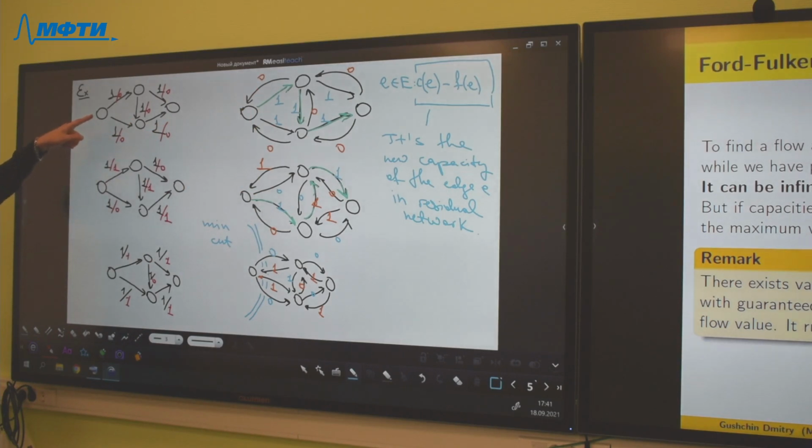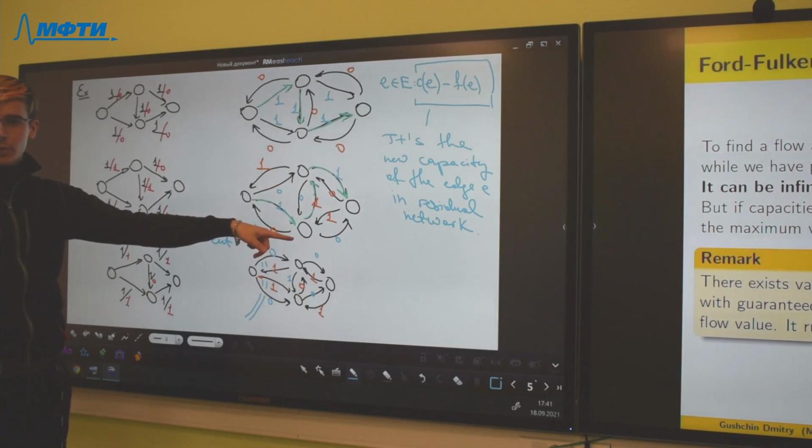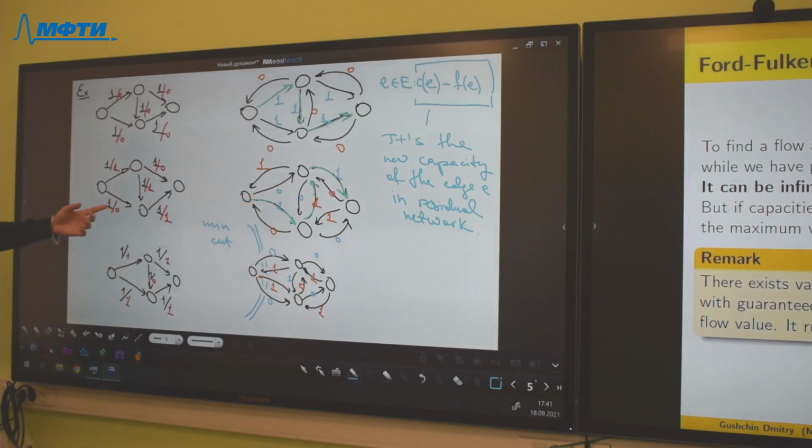But on the second step, we have non-zero flow, and say that, for example, the edge that connects these two vertices will be equal to 0, because it is the difference between capacity and flow. Understandable?